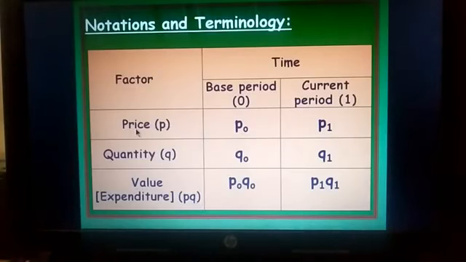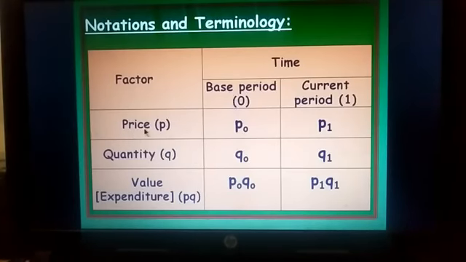This price, if it is in the base year, what happens? If it is in the current year, what happens to the notations? The base period is denoted by 0. The current year is denoted by 1.